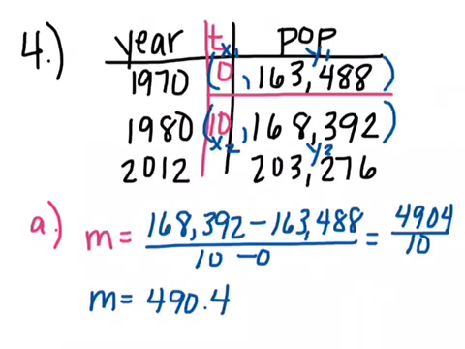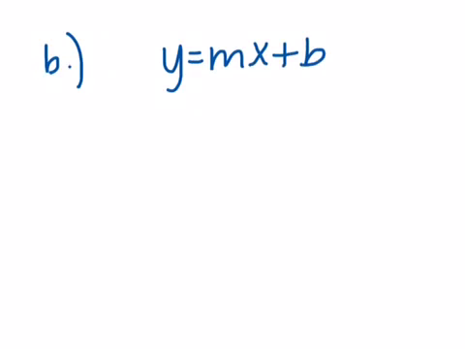And now we want to write an equation. So I'm going to go ahead and add a page here. So for part B, we're writing an equation. And remember, we're plugging into y equals mx plus b. And you could use point slope like we did on the last problem, or if you remember from our notes, m is our rate, and we already found that. b is your starting amount.